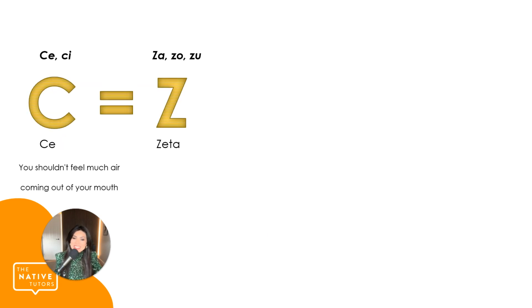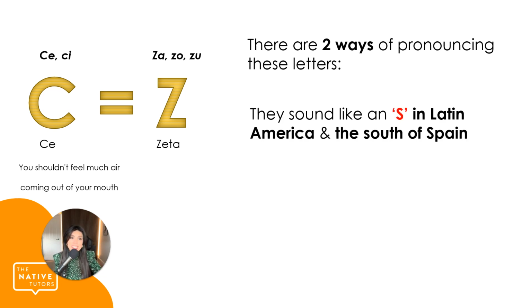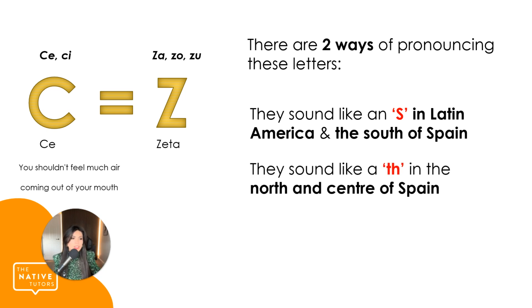Now let's talk about the letter C. The letter C is very important because it has a couple of sounds that we need to be aware of. If you come across a C and there's a CE or a CI, it would actually sound like this: C. Now, this sound might vary because the C has a couple of options.